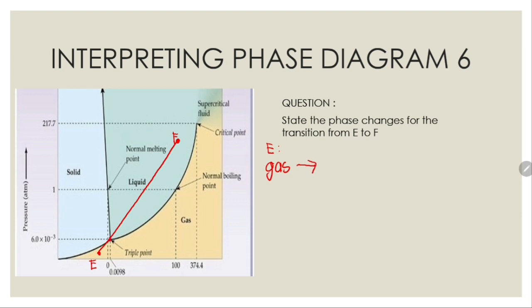Then it reaches the triple point, so gas in equilibrium with liquid and in equilibrium with solid. Then it enters the liquid phase after passing through the triple point and continues until F, which is still in the liquid form. So these are the phase changes when the substance undergoes a transition from point E to point F. Isn't it simple?